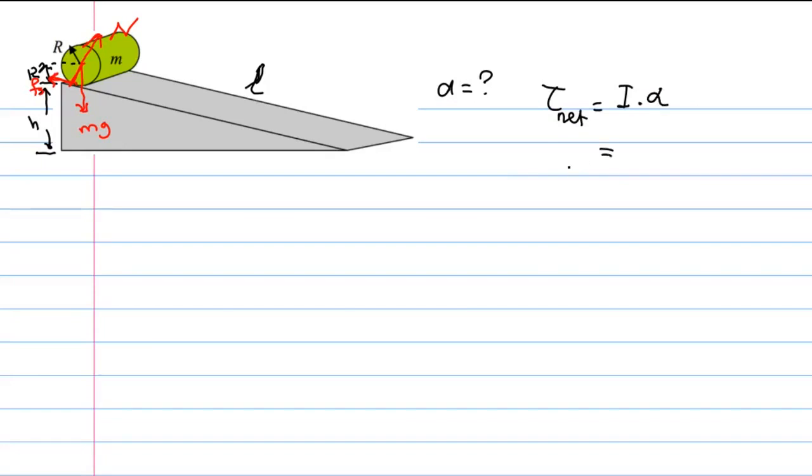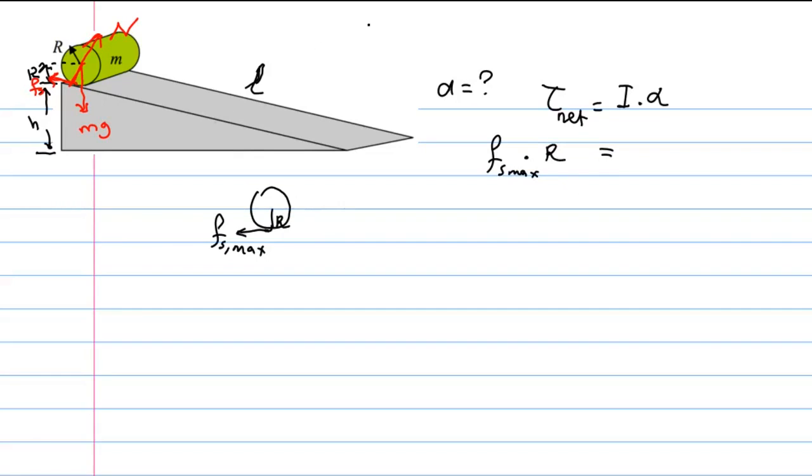When we look at this cylinder, there were 3 forces. Force 1 is the static friction force, in this case we'll use the maximum. It has a lever arm distance r, so we can write Fs max times r.